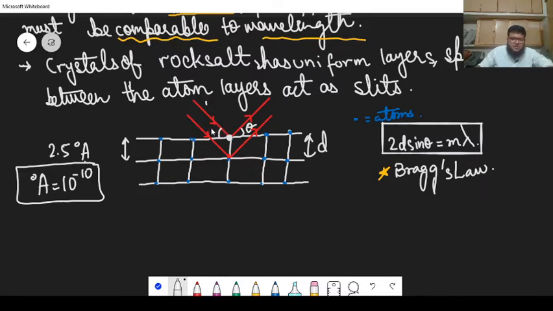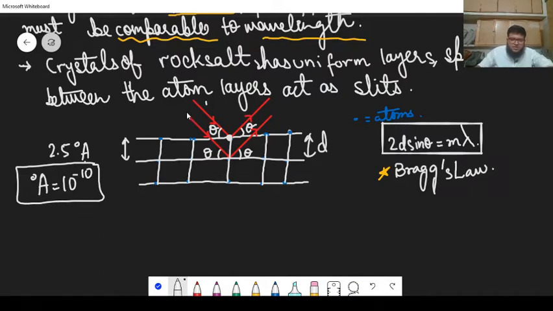The angle of incidence and angle of reflection are equal to one another, so these two angles are also equal to one another, right? And by the way, this angle and this angle are also equal to those angles because these lines are parallel to one another.